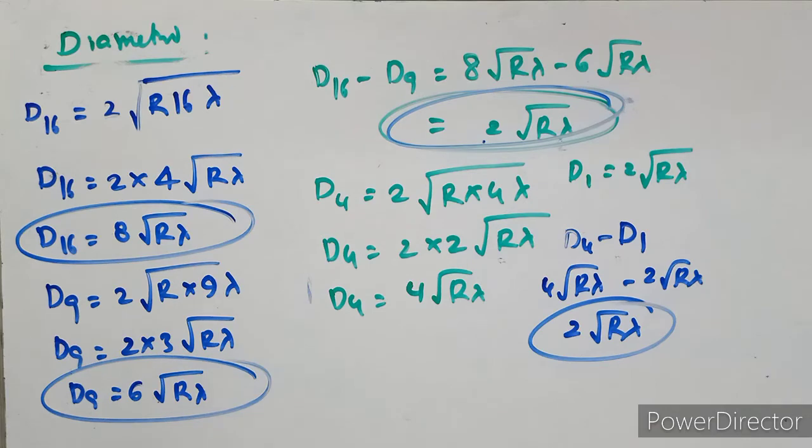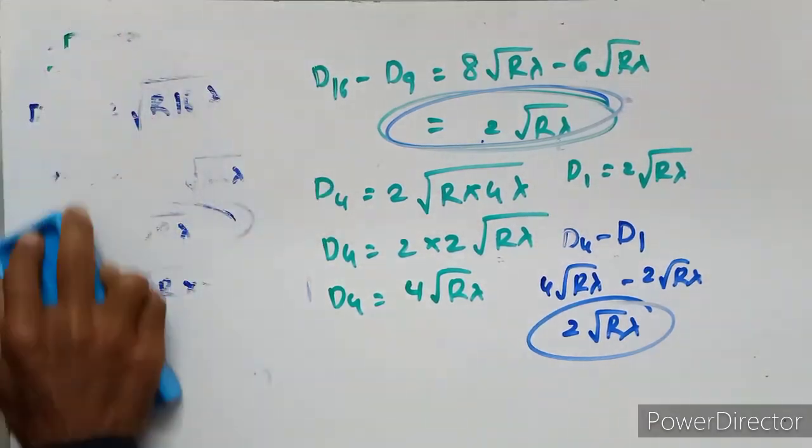Now we have to determine the wavelength of the given light, a monochromatic source. Here a sodium vapor lamp is used as the monochromatic source of light.